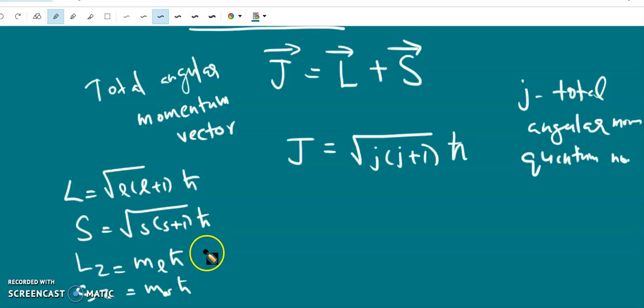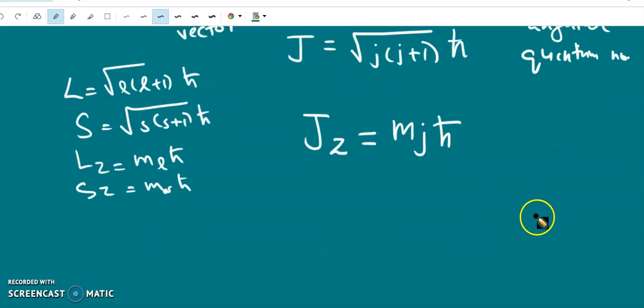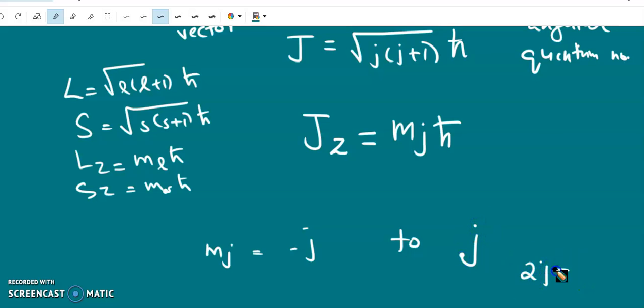So these are the space quantizations of L and S. Similarly we have Jz, the Z component of the total angular momentum, equal to mj times h-cross, where mj can have values from minus j to plus j, 2j plus 1 possible values.